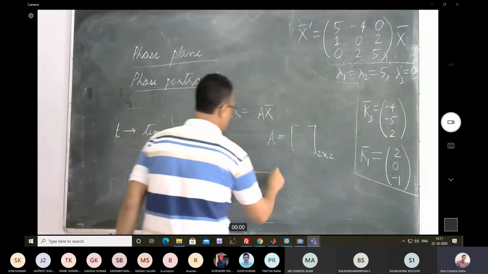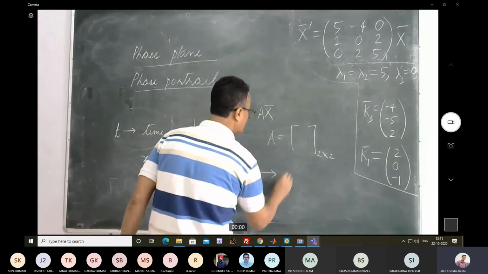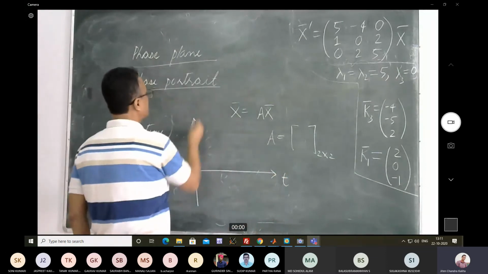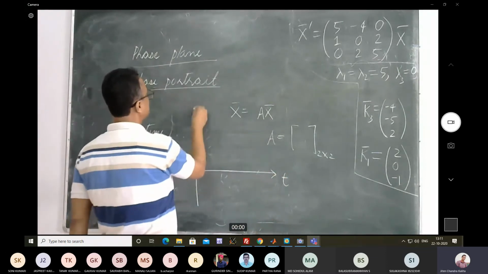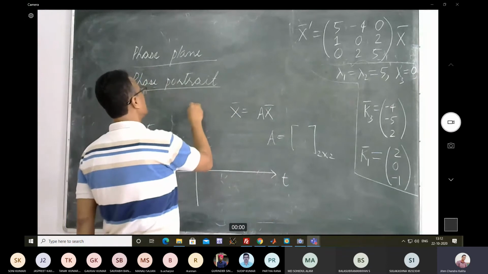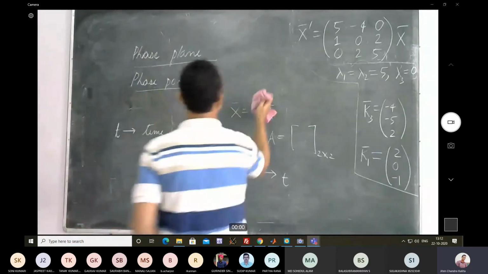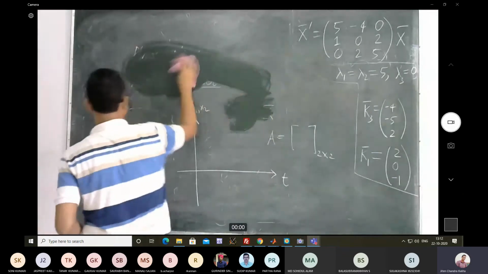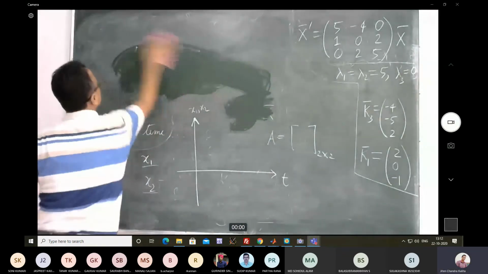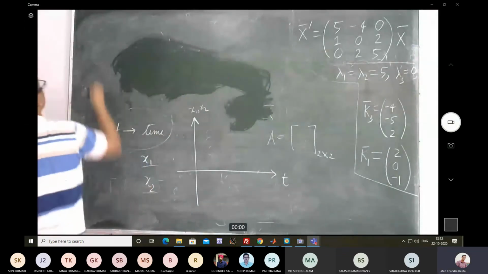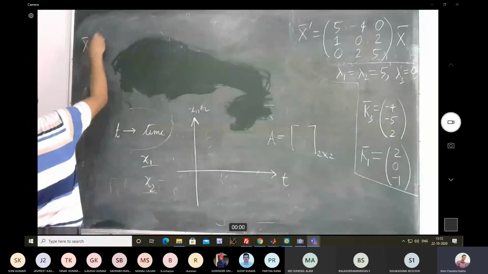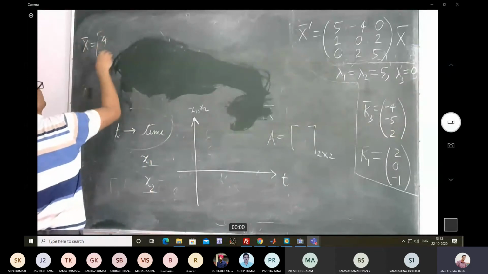Suppose this is my t, and this is my x1 or x2. Basically, this vector is simply x1, x2.